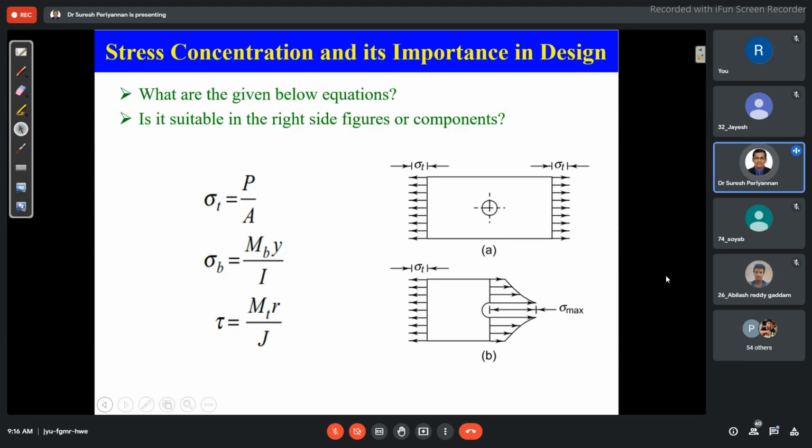Are the equations given below suitable for the component in the right side figure or not? Please reflect your answer. If you say suitable, how is it suitable? If you say not suitable, what is the reason behind it?